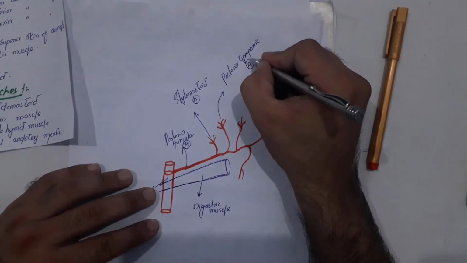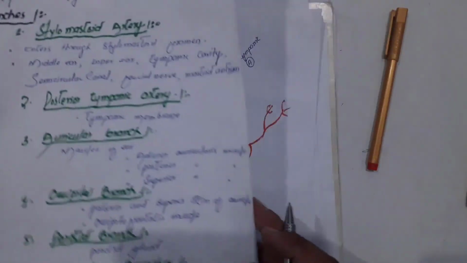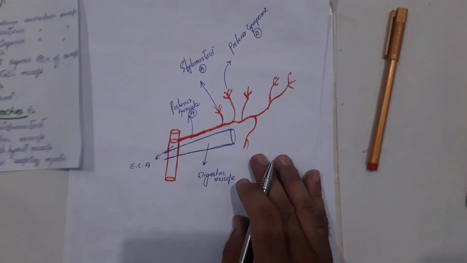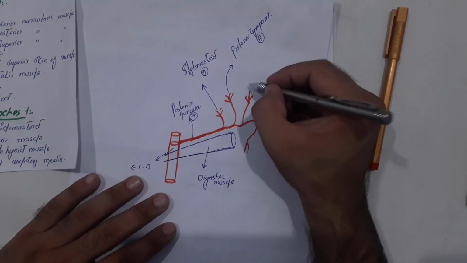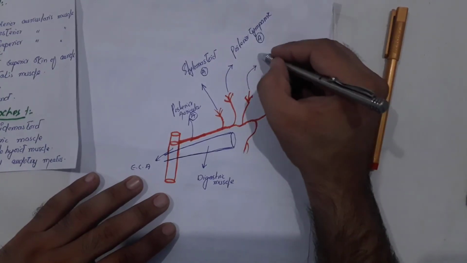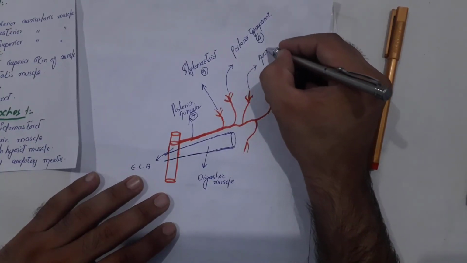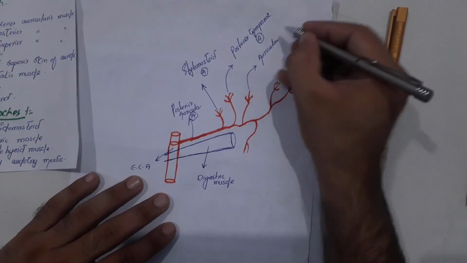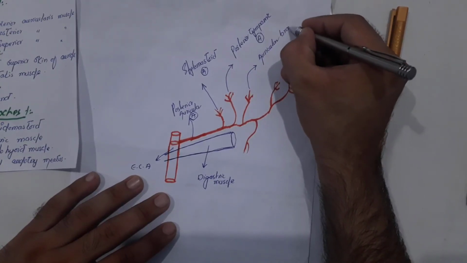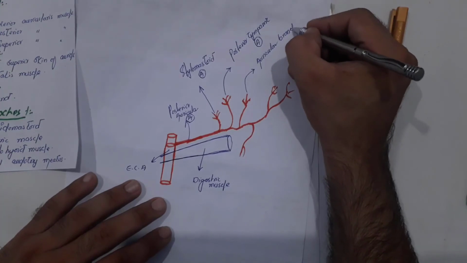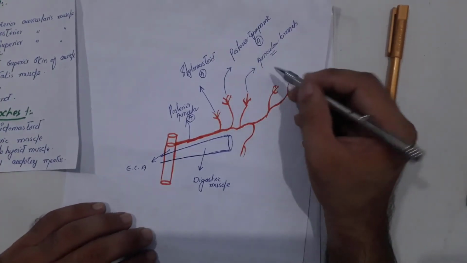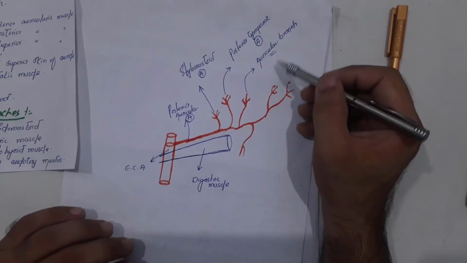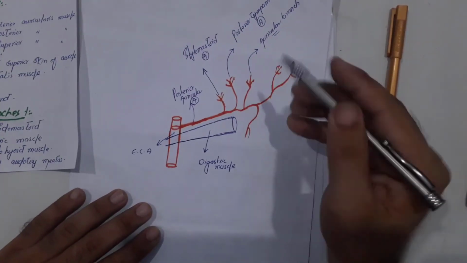And the third branch that we see here is, I had told you, the auricular branch, right? So this one is the auricular branch, and this branch is responsible to supply the three muscles I had told you, the posterior, the superior, and the anterior auricularis muscles.